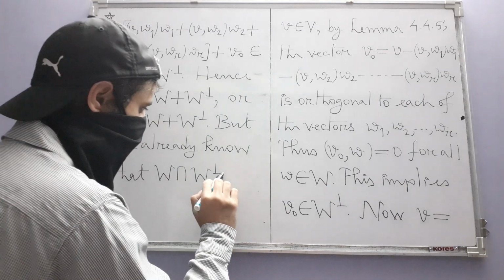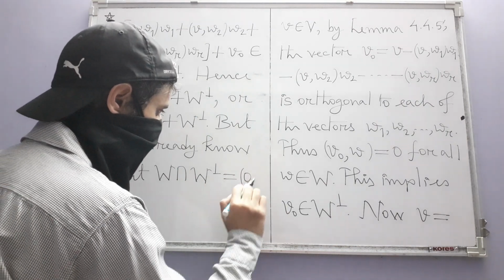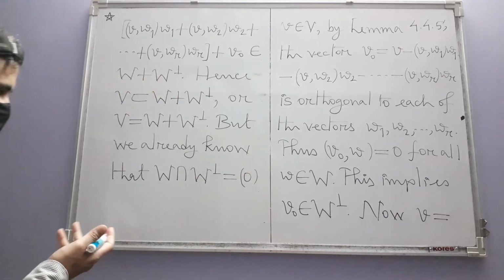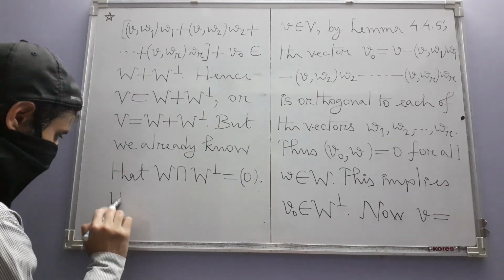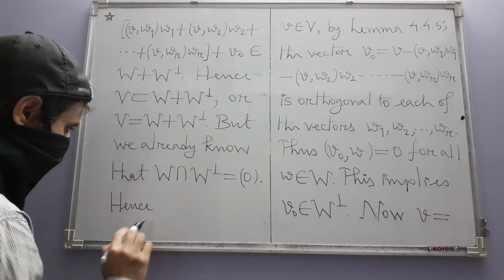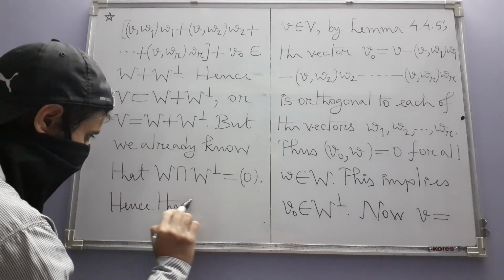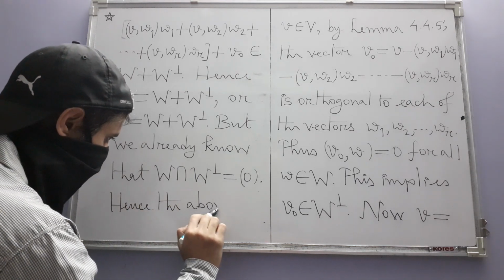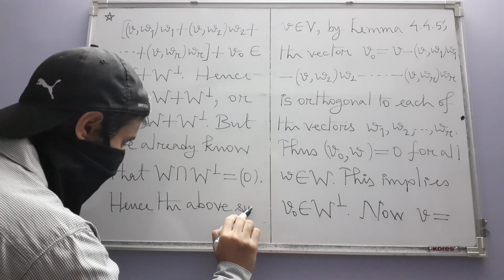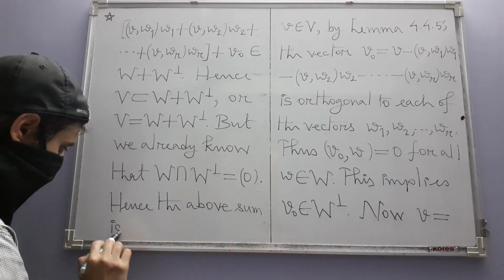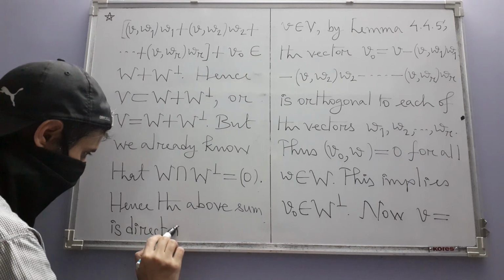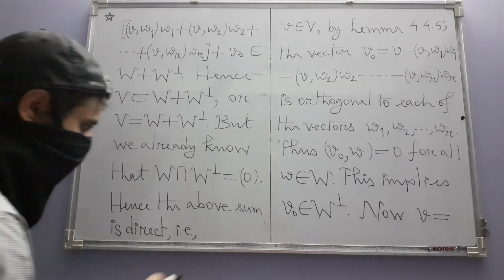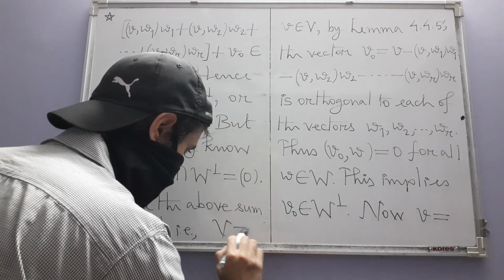this intersection is trivial. It's as small as such an intersection can get. Hence, the above sum is direct. I.e., if you want to use the symbol, you can also write like this.